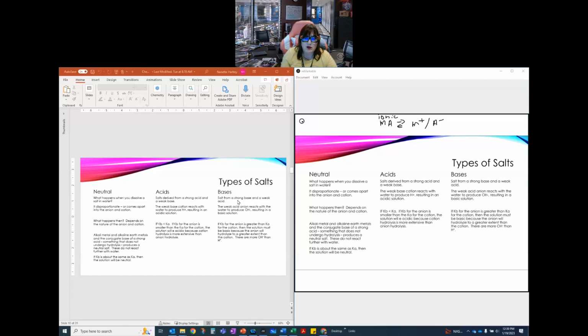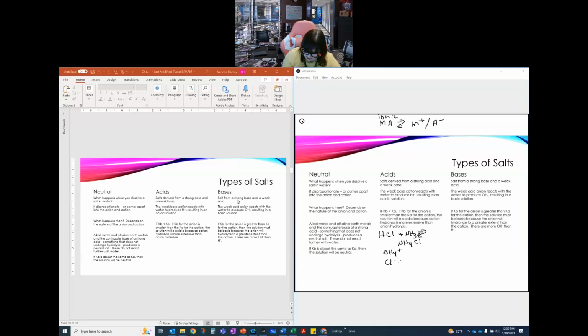But what happens when we have a solution where a strong acid like HCl reacts with a weak base? Let us consider for the moment HCl plus NH3, which is a weak base. That's going to give us NH4Cl, right? And when that comes apart, we end up with NH4+ and Cl-.